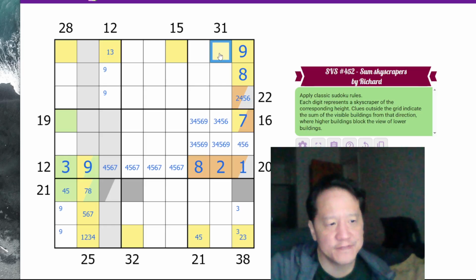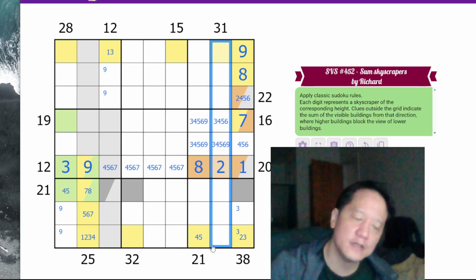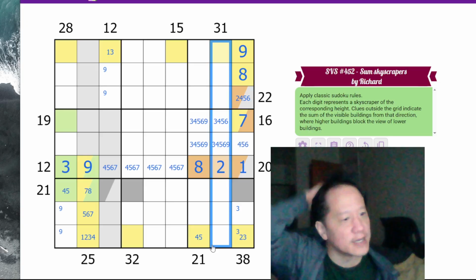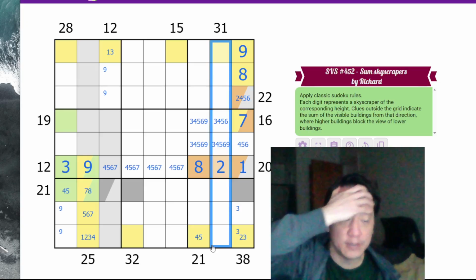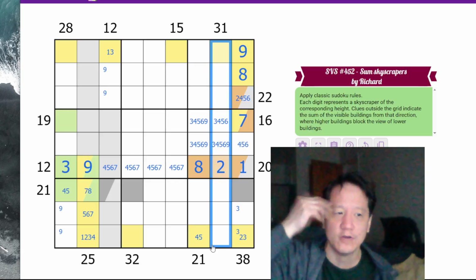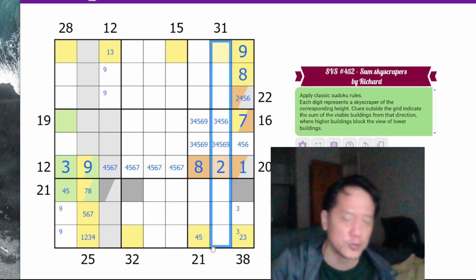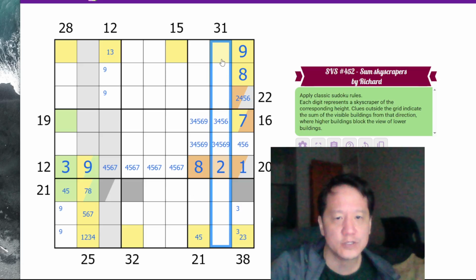Can it be 5? No. Because if this were 5, adding up to 31, there's no combination that can ever add up to 31, right? It would either be 5, 6, 7, 8, 9, which is 35, or 5, 7, 8, 9, which is at most 29. So this cannot be 5.